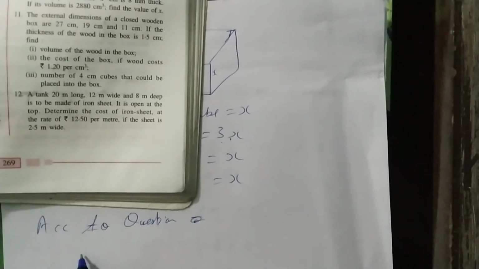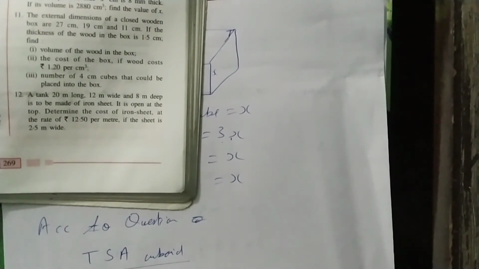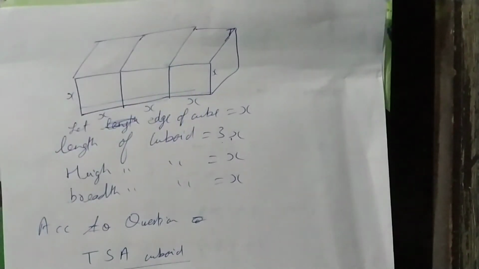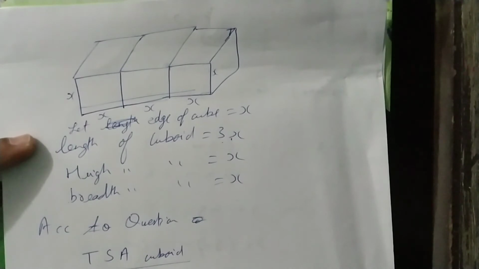So total surface area of cuboid divided by total surface area of 3 cubes.